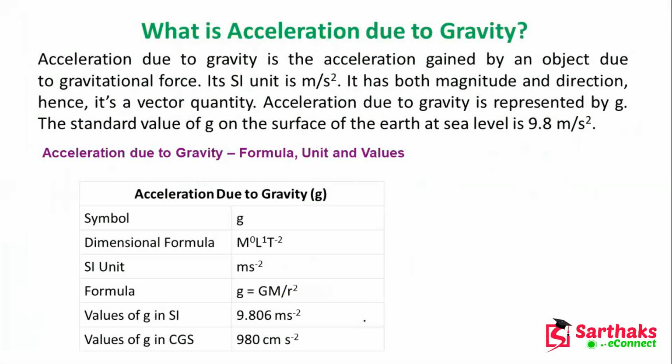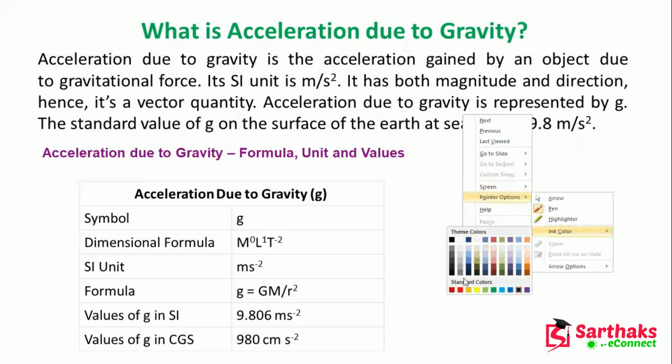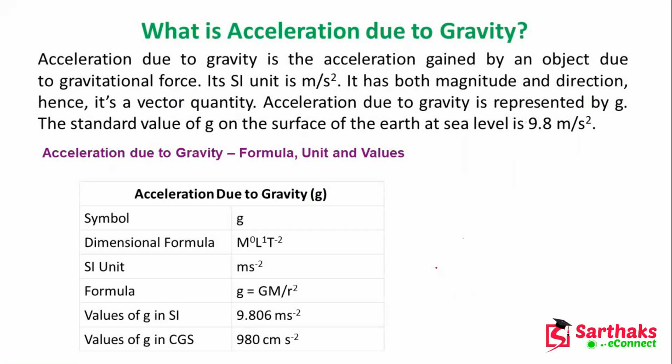Now, what is acceleration due to gravity? The acceleration due to gravity we are denoting by g, and it is 9.8 meter per second square, right? And the SI unit is meter per second square. Acceleration due to gravity is the acceleration gained by an object due to gravitational force.